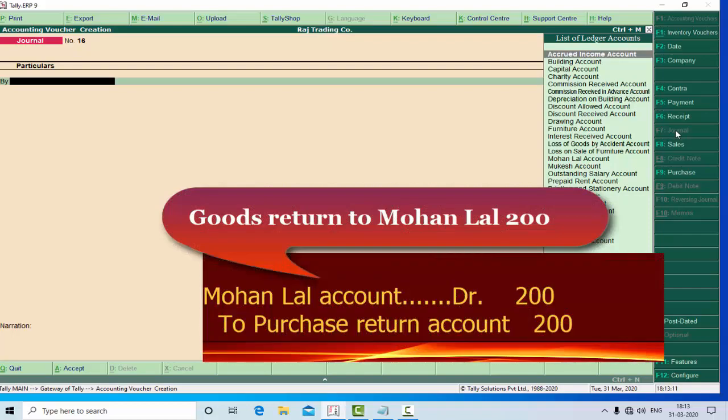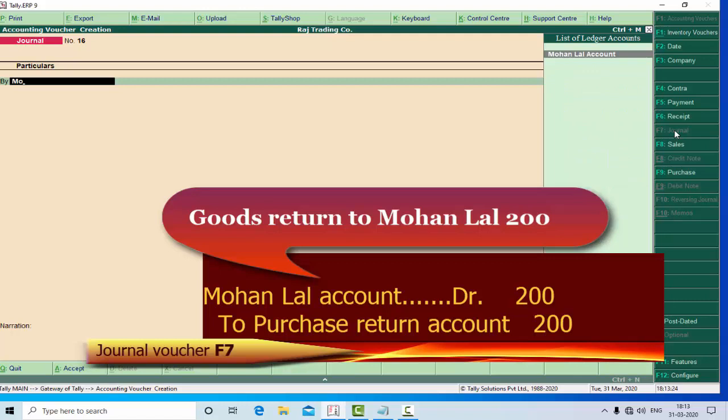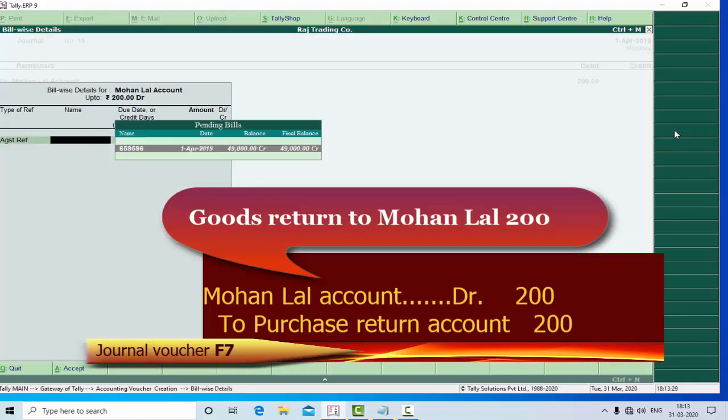And next entry is goods returned to Mohanlal. Similarly, our business returns goods to Mohanlal, that is a purchase return. In that case the entry will be Mohanlal account debit to purchase return, and that entry will be recorded in the journal voucher. So the Mohanlal account will be debited, amount is 200, and again adjust the bill number 659596.